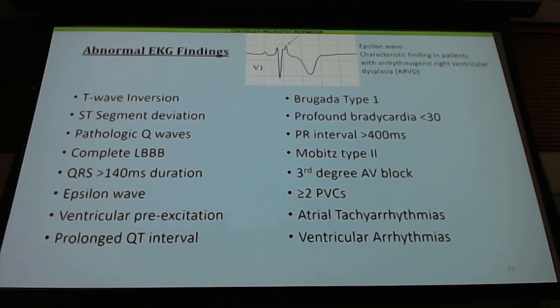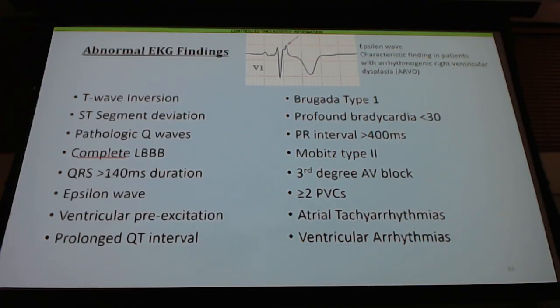So what does an abnormal EKG look like in that young athlete? They have T-wave inversions. They have ST segment deviations, or pathologic Q waves. We said a complete right bundle branch block is okay, but if they have a complete left bundle branch block, that is not okay.